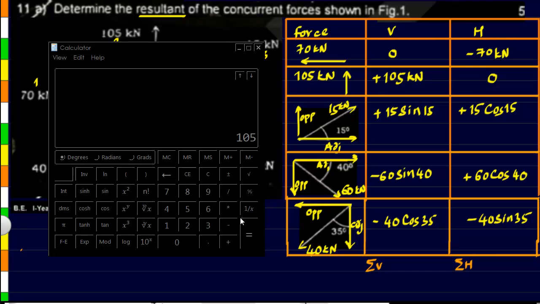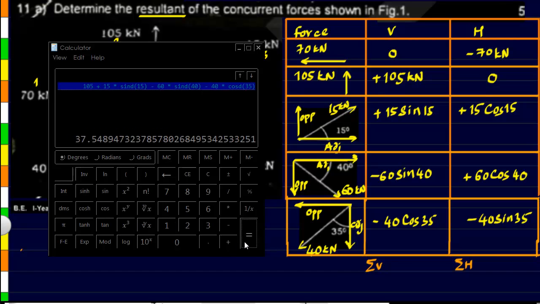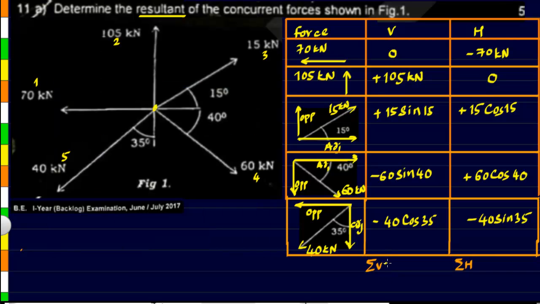Second is 105 plus 15 sine 15, and minus 60 into 40 sine, and once again minus 40 into 35 cos. So this is the result we got, 37.55.